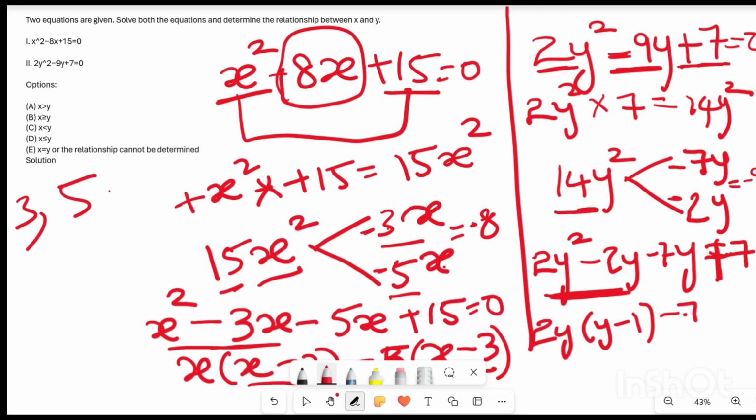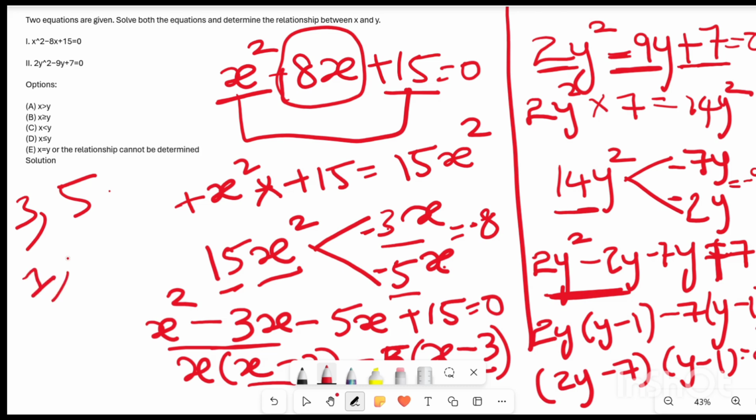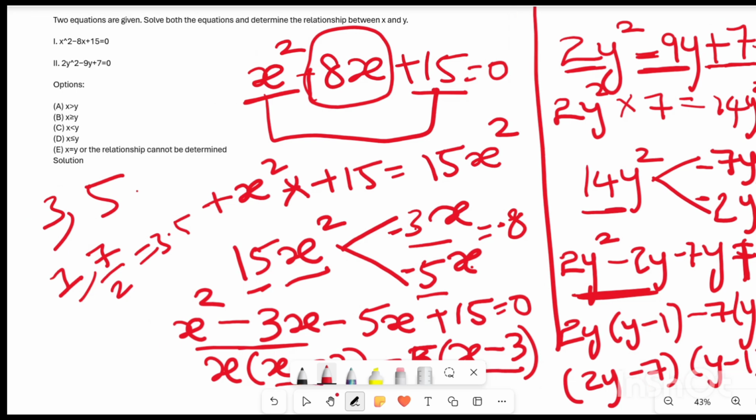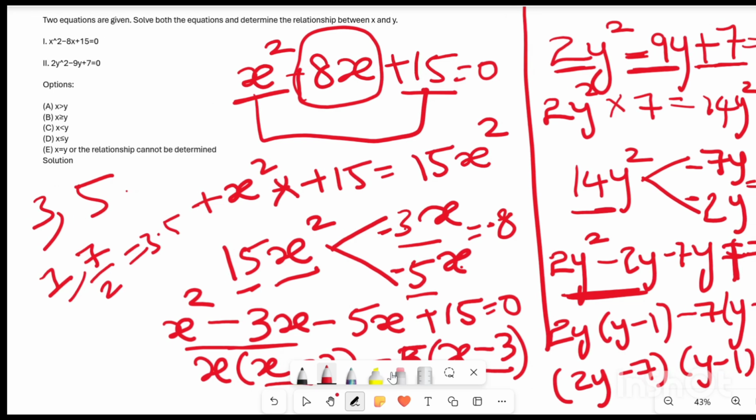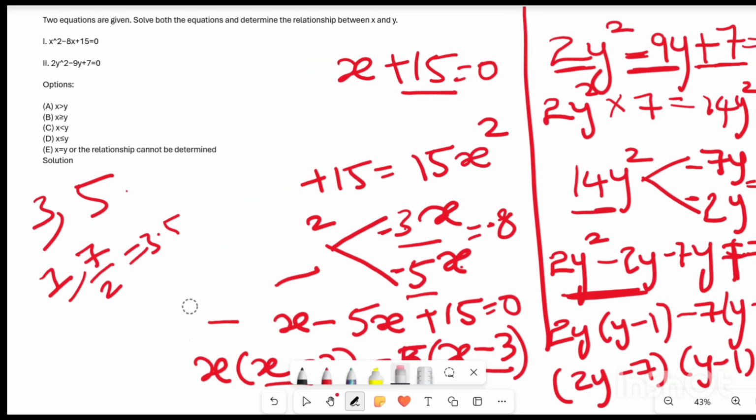And here 7 is the common, y minus 1. So if you observe here, 2y minus 7 is one root and y minus 1 is one root. So here the roots we are getting plus 1 and 7 by 2, that is equals to 3.5. So now we got the root values.